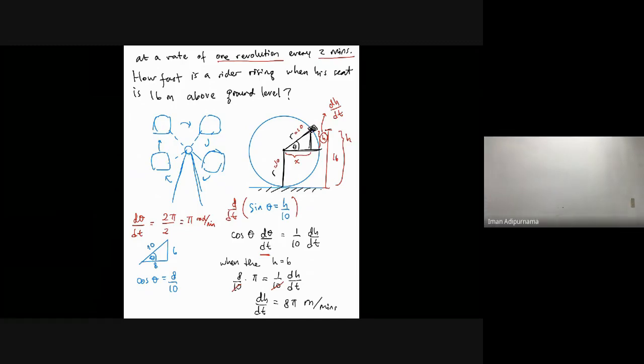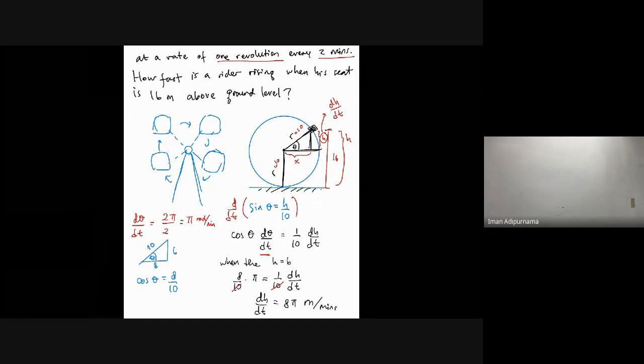Okay. So you need to find this h. Okay, this h. So from the problem set, from the questions, you need to have a conclusion of what the rider rising means. How fast is the rider rising? So rider means the person who is in the cart when he's rising above some angle.